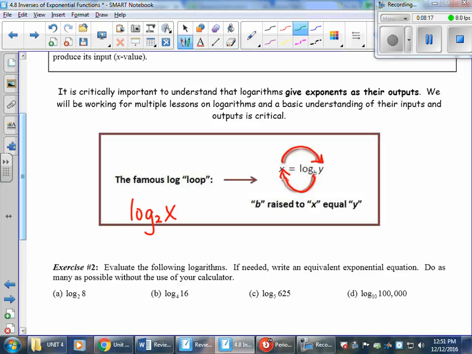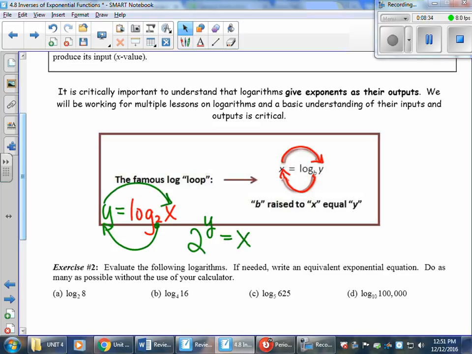Let's put the y over here. All right, what does that mean? It means, start with the base, 2 raised to the y is equal to x. So that was the inverse that we were just discussing.